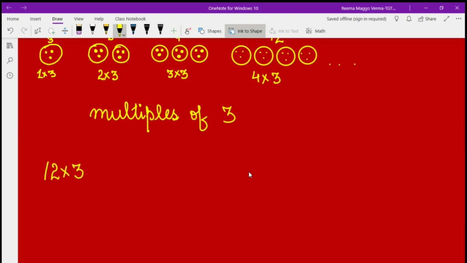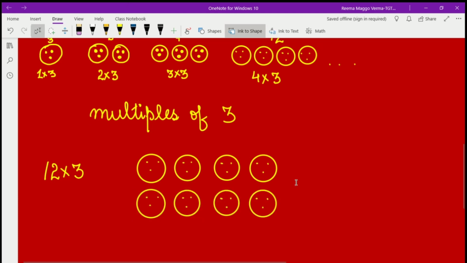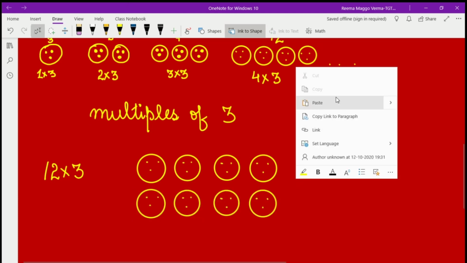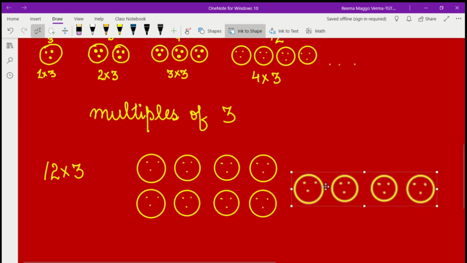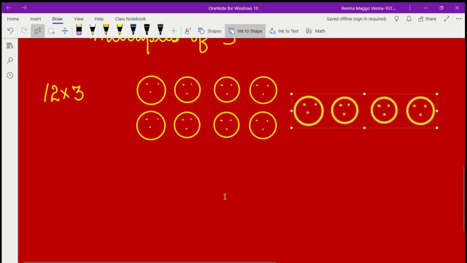So let's see what is 12 times 3. It is 12 groups of 3. So I will be taking many groups. How many groups? 12 groups of 3. These are 8 groups of 3 and 12 groups of 3. So 12 times 3 is 36 dots, like see 3, 6, 9, 12 and so on till 36.